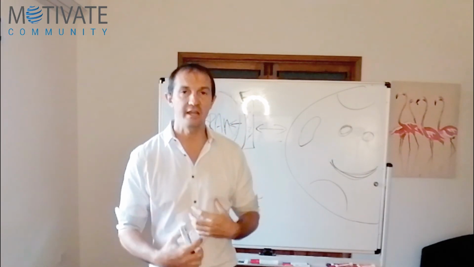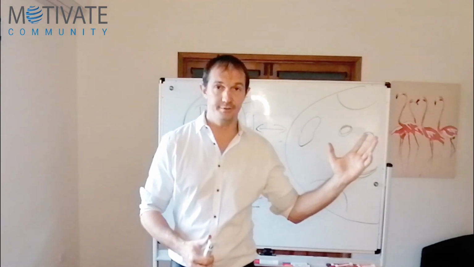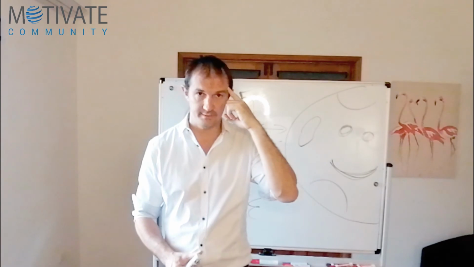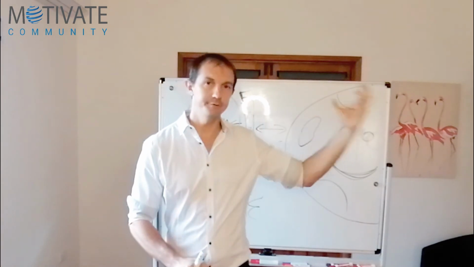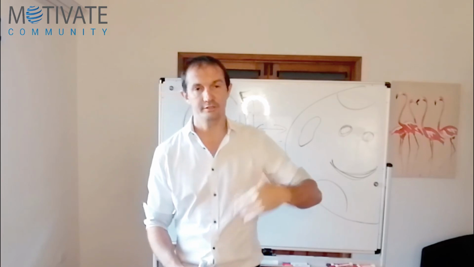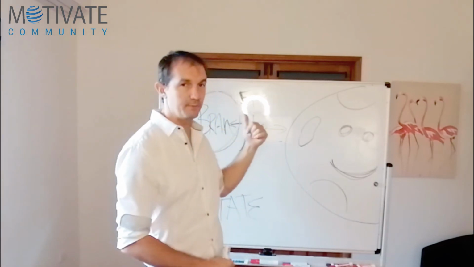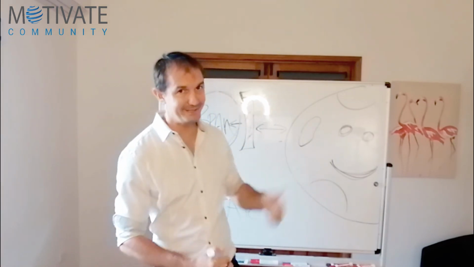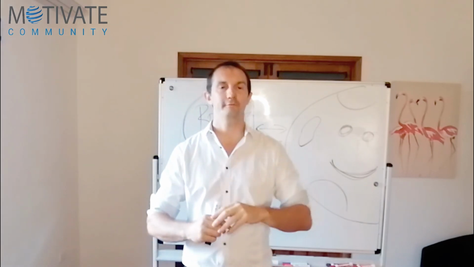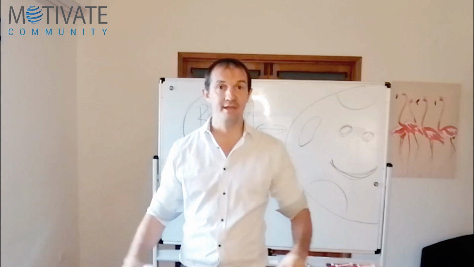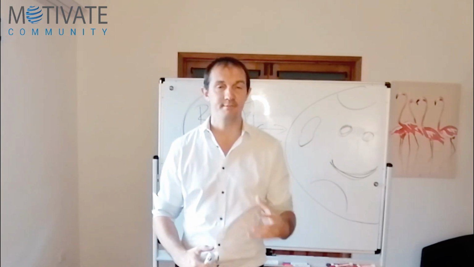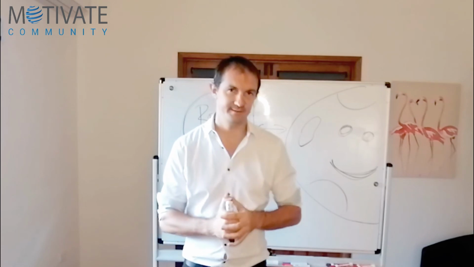Your emotional state affects what's filtered. Your emotional state affects your linguistic maps. Your filters affect your state. Your state affects your linguistic representations. It's all interconnected. And this is great for us because this gives us many leverage points.